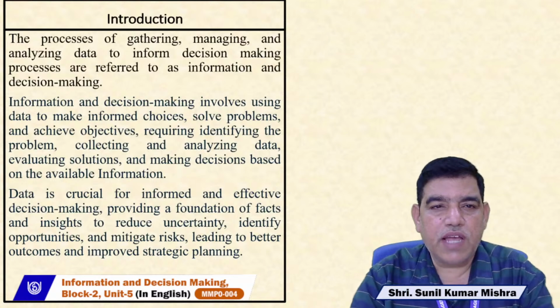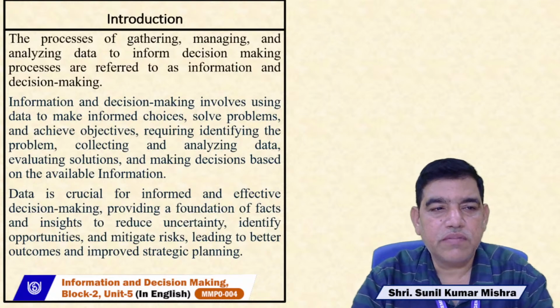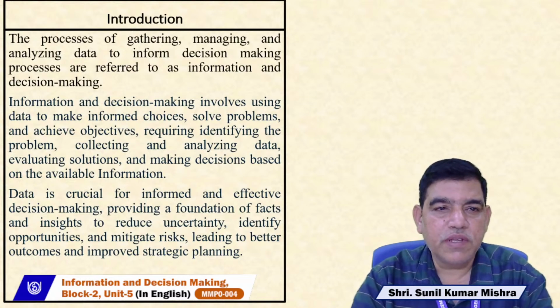The process of gathering, managing, and analyzing data to inform the decision-making process is referred to as information and decision-making. So there are two words, information and decision-making. Information means we have to collect some relevant data and store it in our computer. That means the process of gathering.